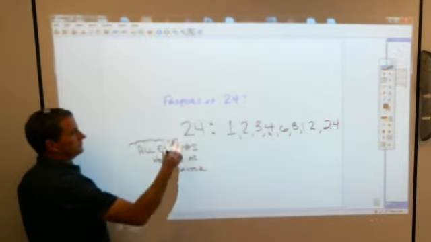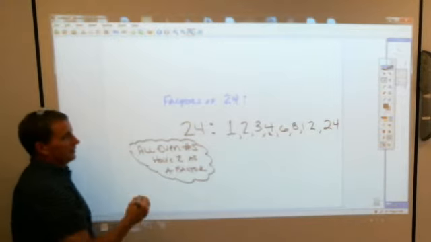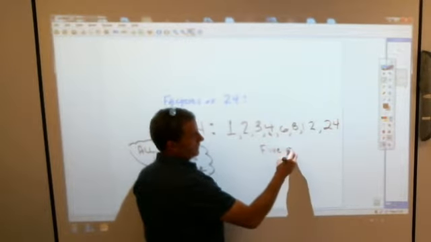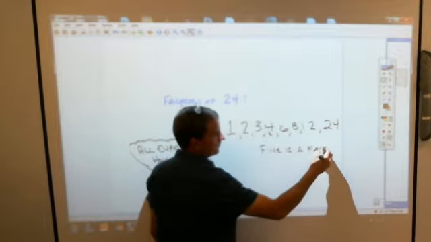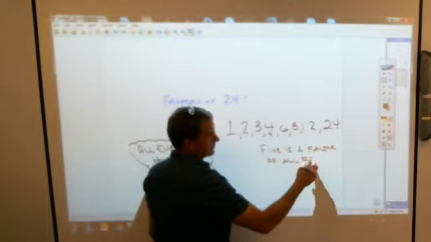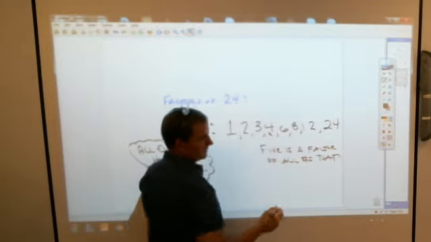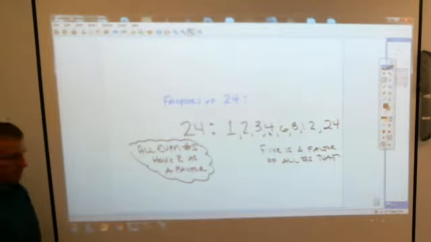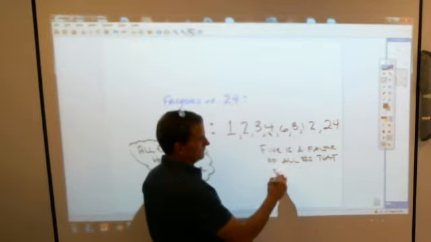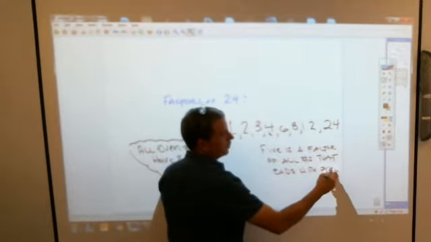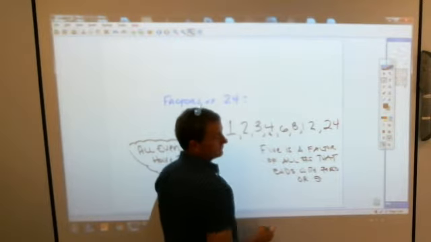And the other one you want to know is this one. 5 is a factor of all numbers that, everybody know how that one's going to finish. How do you know a 5? 5 is a factor of every number that, Colin, ends with a 0 or a 5.